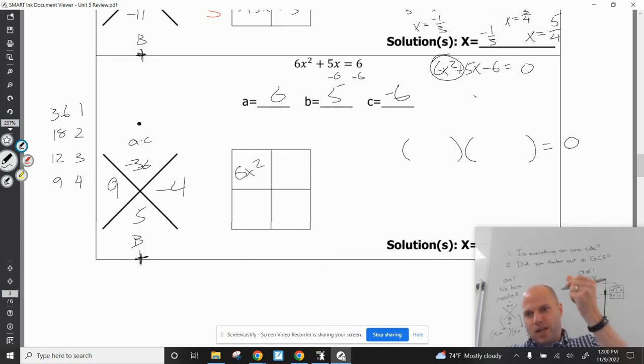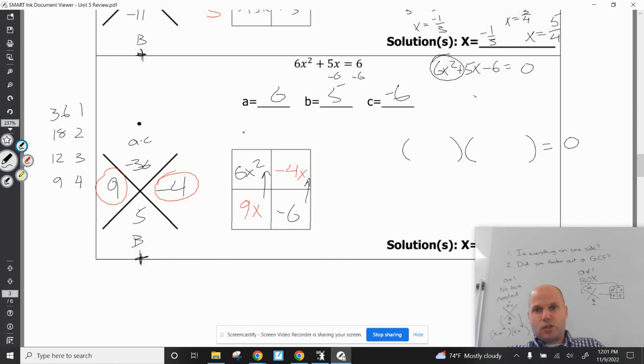That's top left, ax squared. Bottom right, c. Your solutions to the number puzzle in any order, there and there. These are amounts of x's. Now, divide out the greatest common factor for these terms.